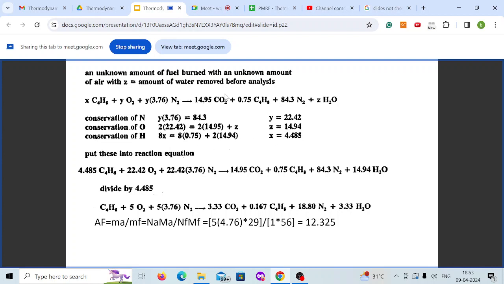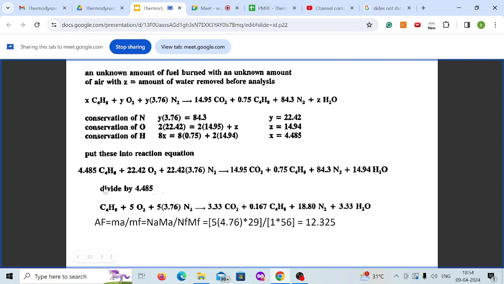Then if you balance hydrogen, or you can balance carbon, any of which, you will get 8 into x equals 8 into 0.75 plus 2 into 14.94. This gives you x as 4.485.